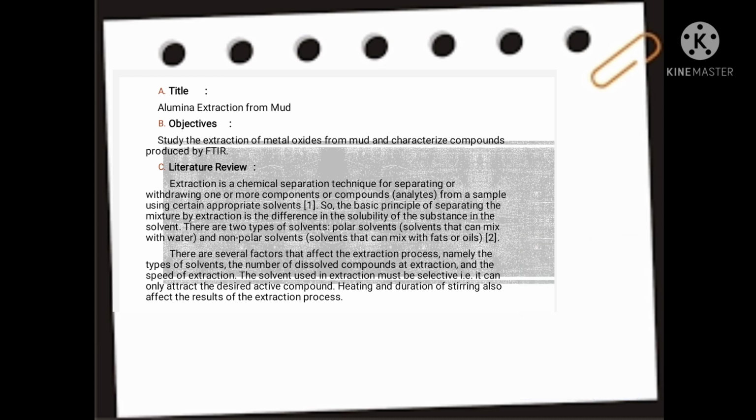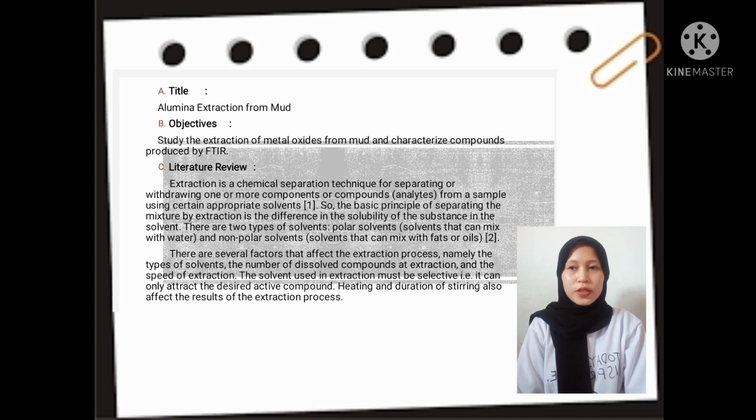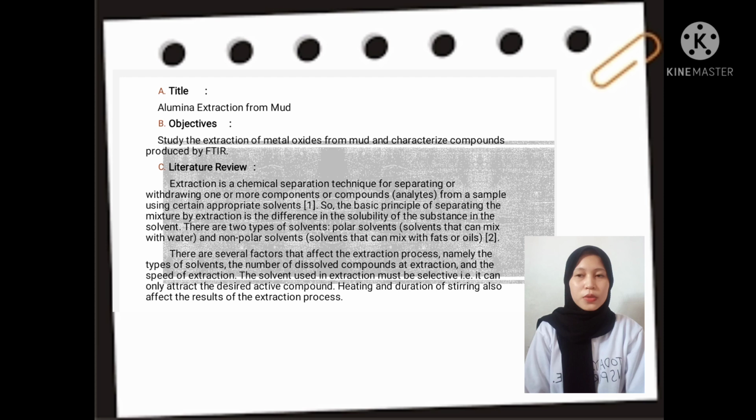Literature review: extraction is a chemical separation technique for separating or withdrawing one or more components or compounds from a mixture. Separation by extraction relies on the difference in the solubility of the substance in the solvent.